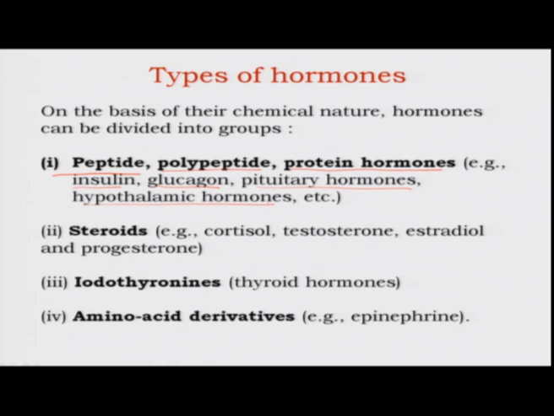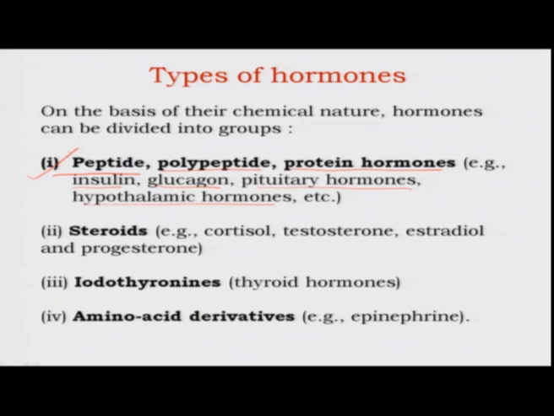Now, I have not mentioned the hypothalamus explicitly in the previous slide, but actually the hypothalamus is a part of the brain, but it also performs endocrine functions because it secretes many hormones, which you will see in the coming slides. So, other than peptide and polypeptide and protein hormones, we also have a second type of hormones which are known as steroids. These steroids are different from proteins and peptides because they belong to the lipid class of macromolecules.